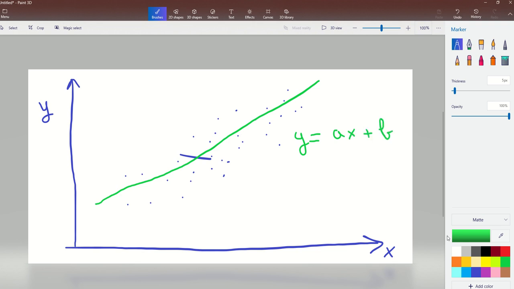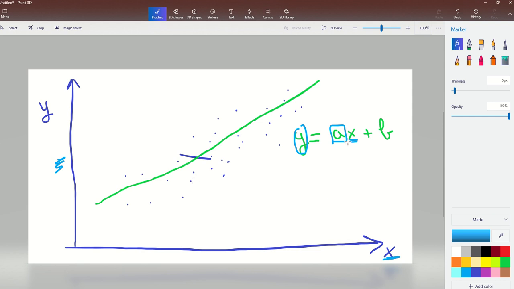And what matters here is that y is the value on the y-axis, so if this is your dependent variable. X is your value on the x-axis and your independent variable. So x is independent, y is the dependent, and a is what is said to be your slope.